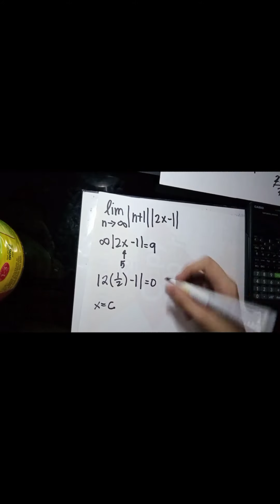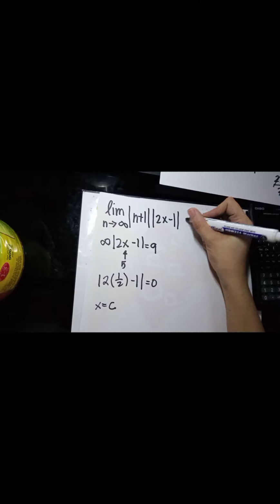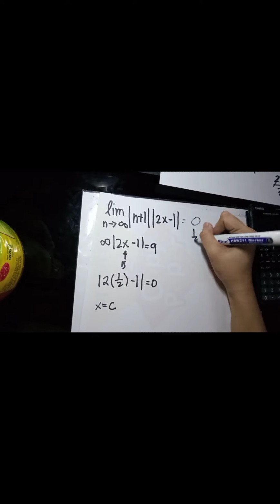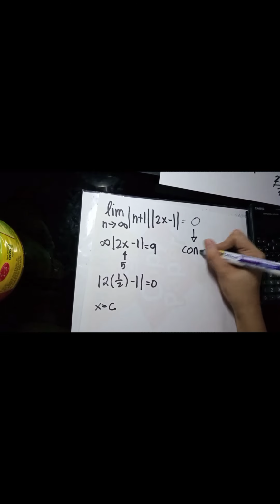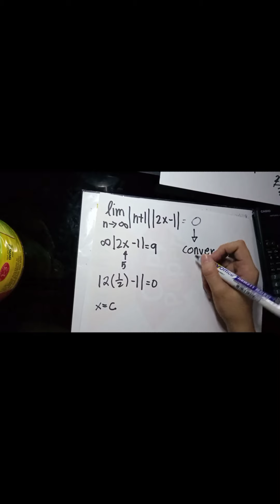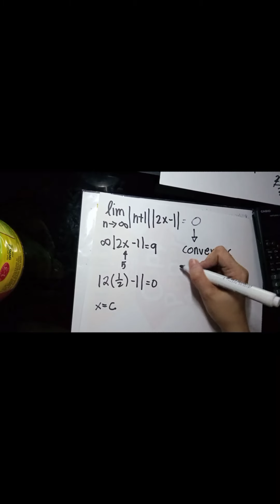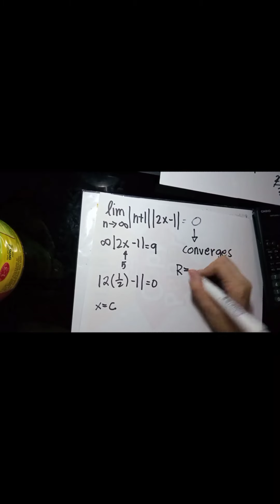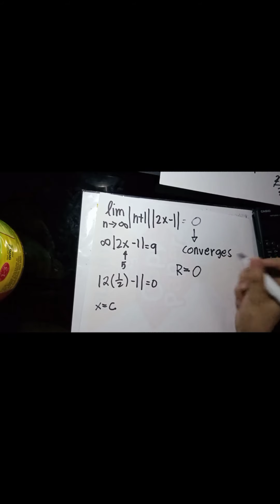And so for this problem, the radius of convergence is equal to 0, because there's only one number where the series converges, one x value.